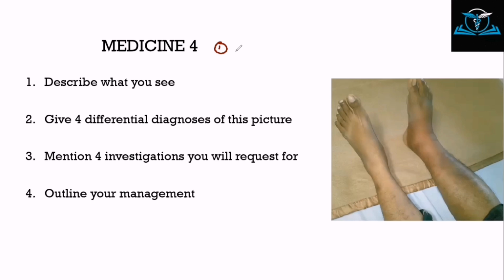Admit, leg elevation. Limb elevation. You won't always admit every case of cellulitis. Limb elevation, and then antibiotics cover. Or you take blood samples for necessary investigation. You've already given an investigation, so just move on.